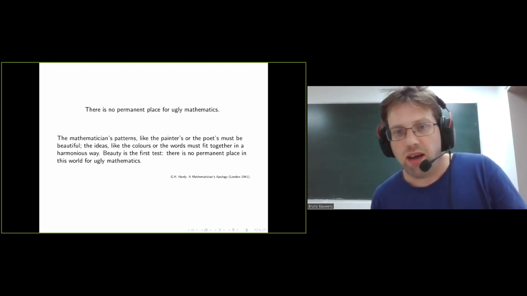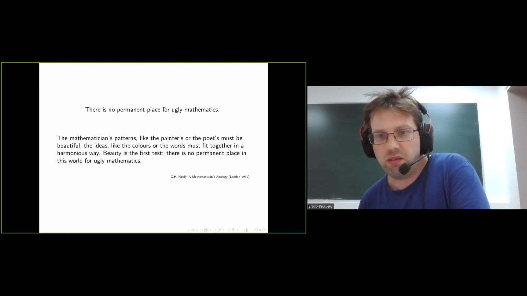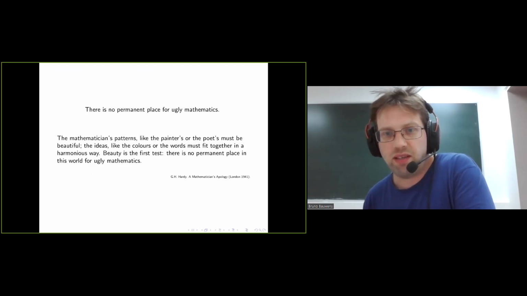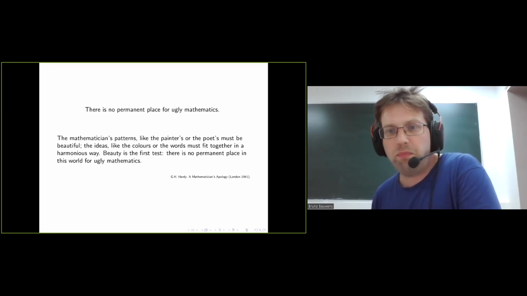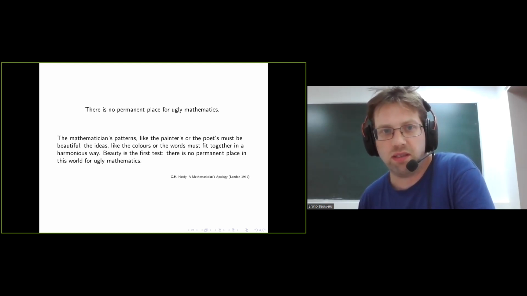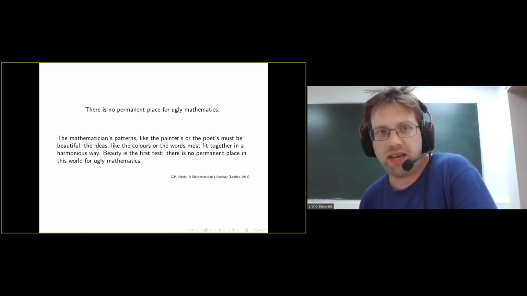Here, Hardy is one of the best mathematicians that has ever lived, and he wrote memoirs before he died, which are very famous. And here is a quote from it. The full quote is usually abbreviated to, "There is no permanent place for ugly mathematics."